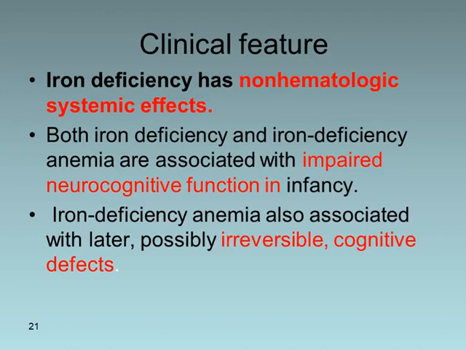Iron deficiency may have non-hematological systemic manifestations because both iron deficiency and iron deficiency anemia are associated with impaired neurocognitive function in infancy. And iron deficiency anemia is also associated with irreversible cognitive defect later on.